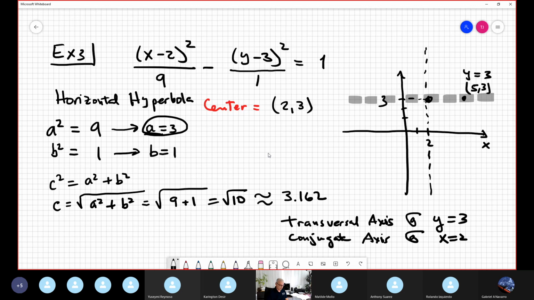And the other direction is 2 minus 3, is negative 1. Okay, that point, vertex 1, would be (5,3). And this point, vertex 2, is (-1,3).